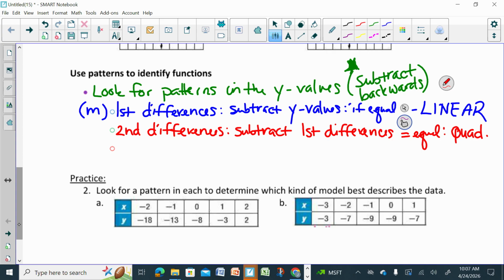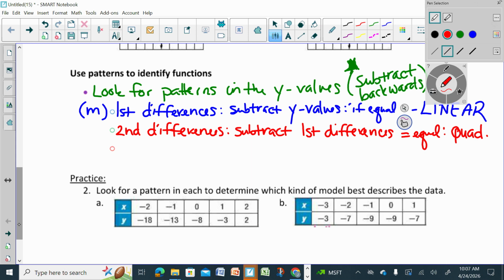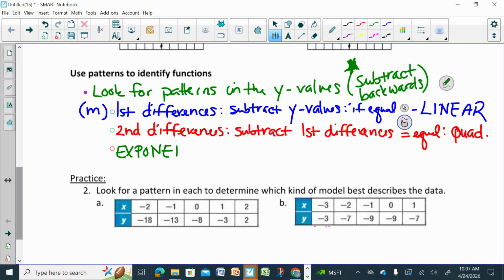Okay, what happens though? We did first differences and it's not equal. We did the second differences and we realize it's not equal. Through process of elimination now, we know it's not linear, it's not quadratic, so it must be exponential. And so then we stop subtracting and we do a common ratio.